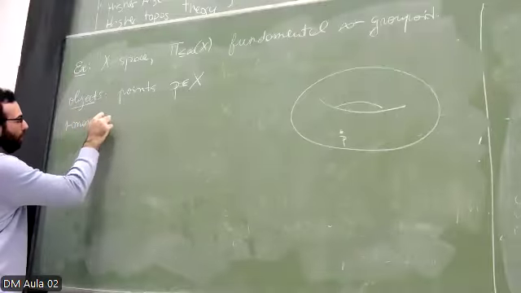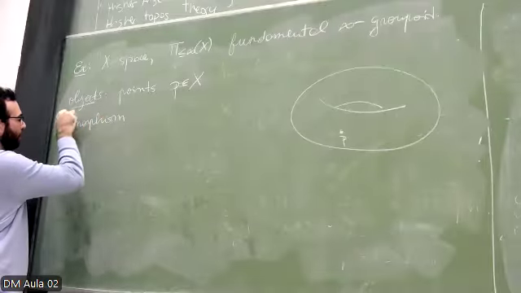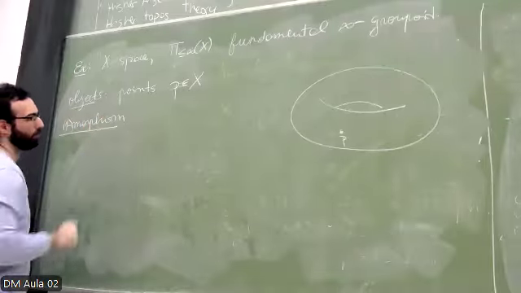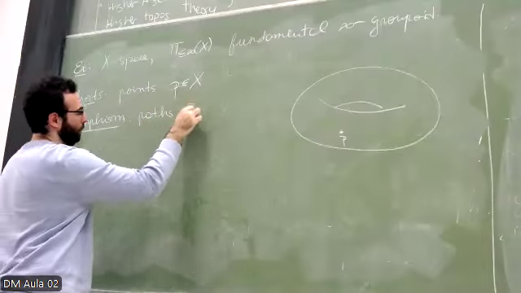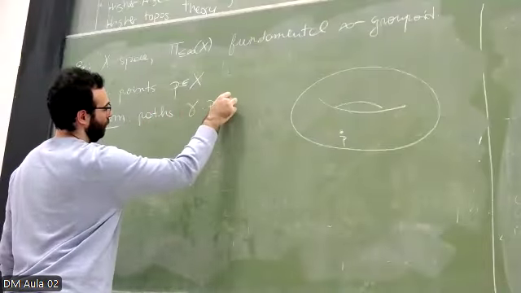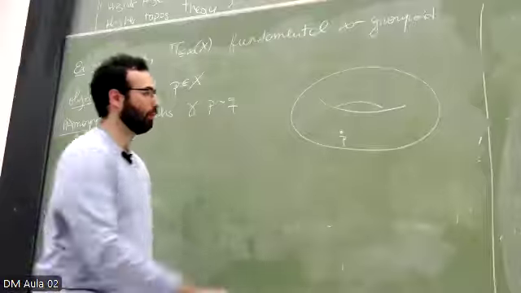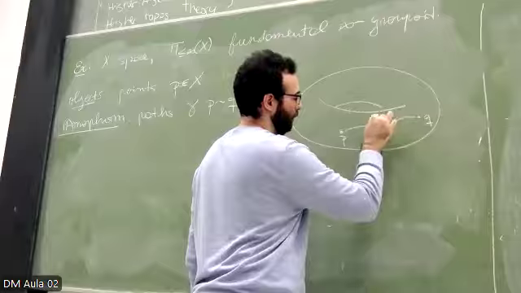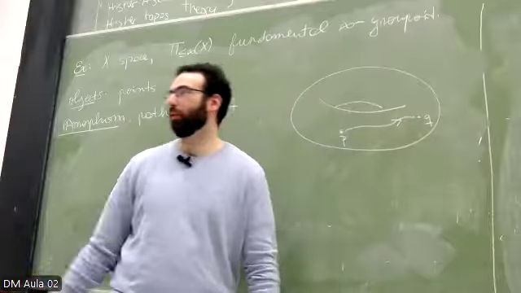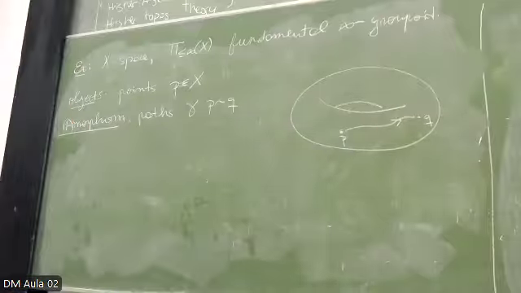The one morphisms, which unless specified I will just call morphisms, are paths. So this, for example, is a morphism between two points.